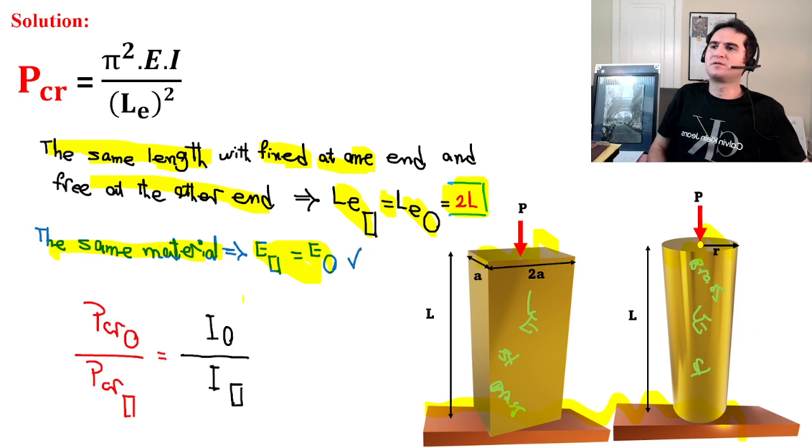If that's the case, we can easily cancel out the effective length from the critical force equation.